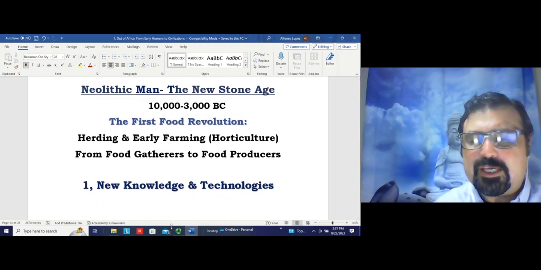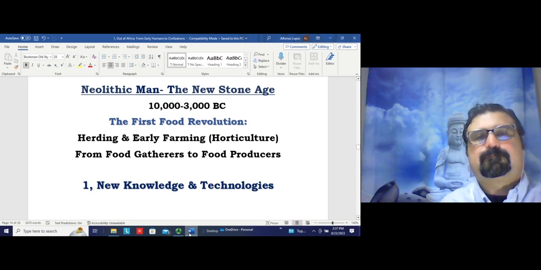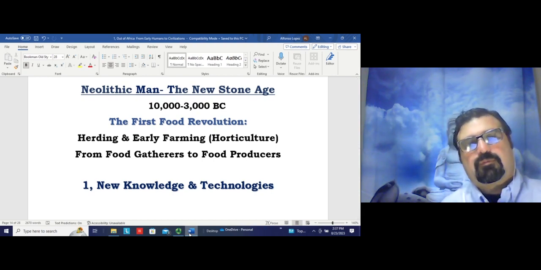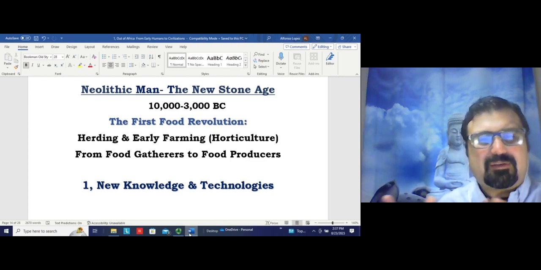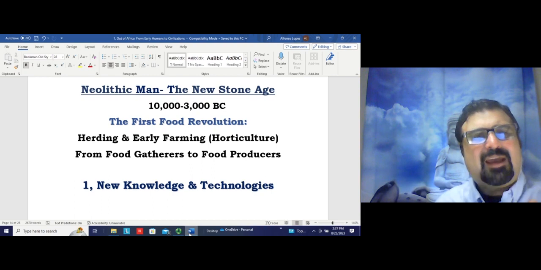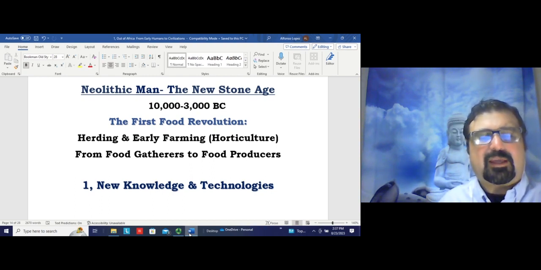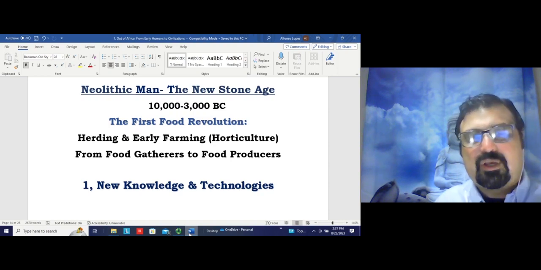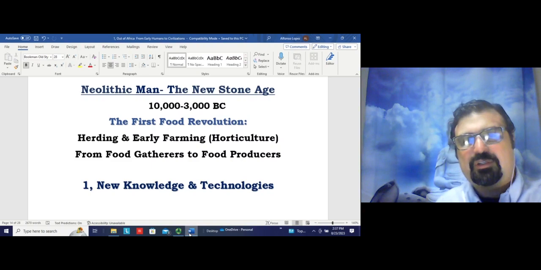Now we're going to see a transition towards the second part of the Stone Age. So the Neolithic Age began about 10,000 BC, give and take, and spanned more or less to the time of the flourishing of world civilizations.